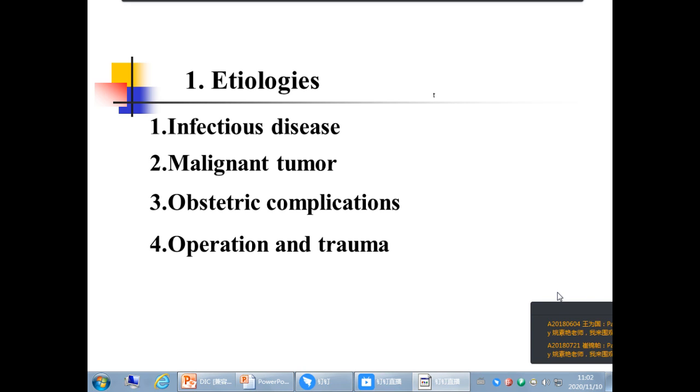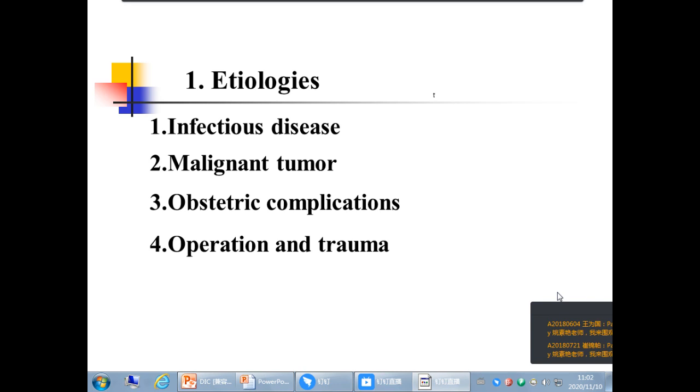Now, etiology of DIC. The etiology must lead to coagulation function increase. The etiology includes infectious disease, malignant tumor, obstetric complication, operation, and trauma. Why do they lead to coagulation function increase?